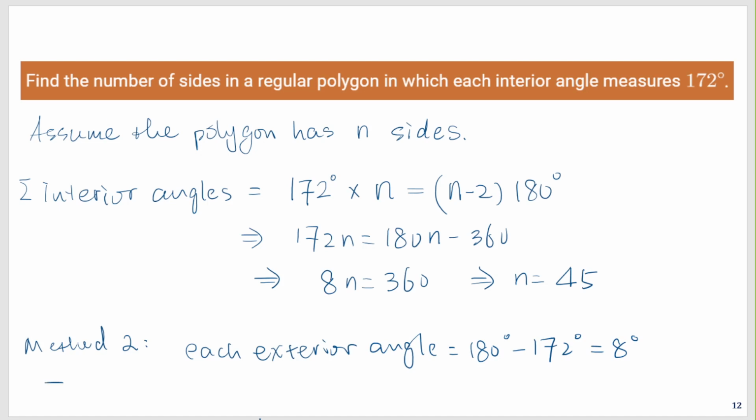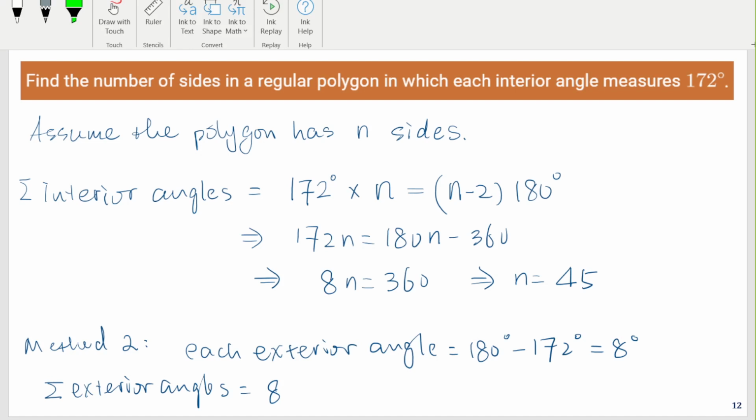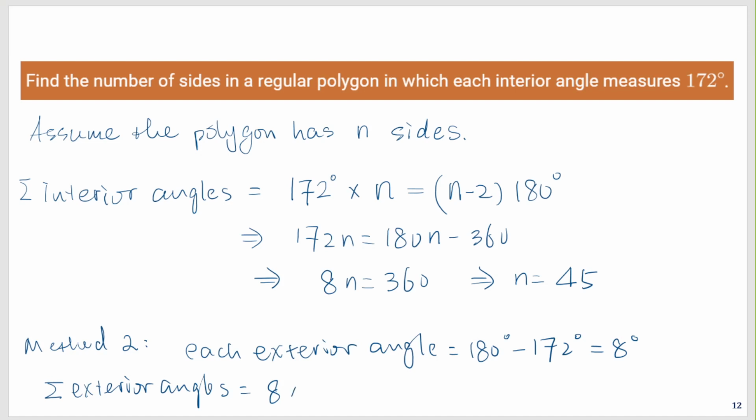And we know that the sum of the exterior angles is 8 times n, and this equals 360, right?